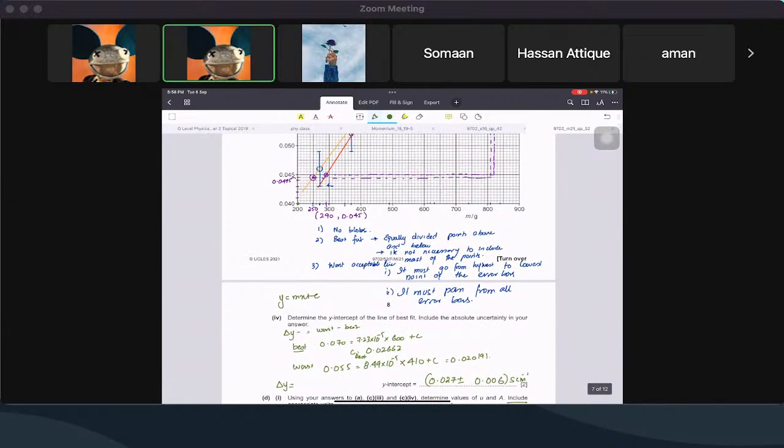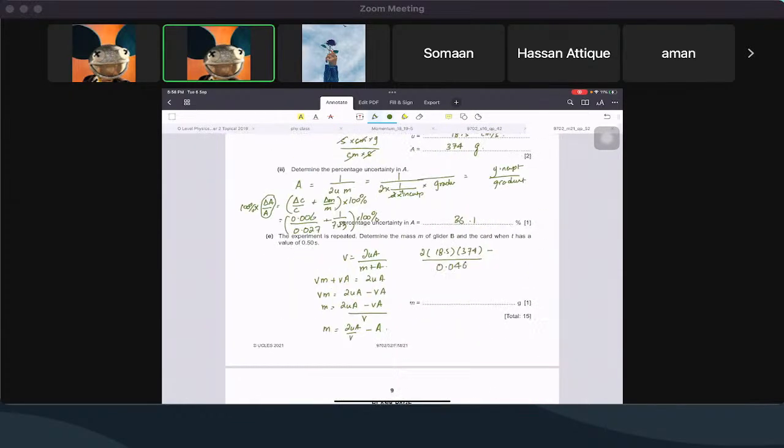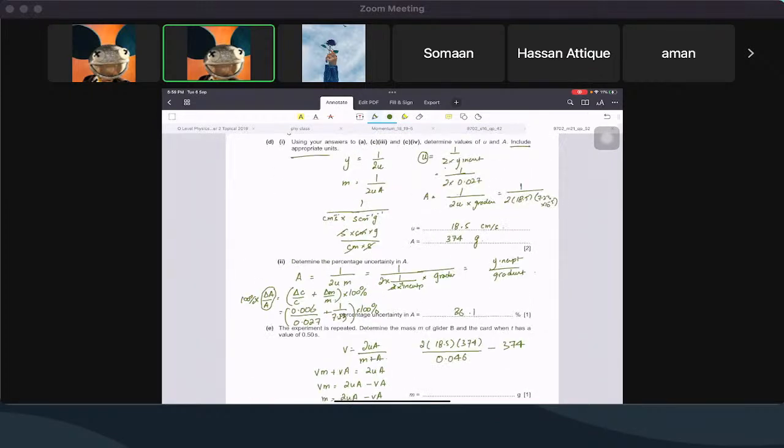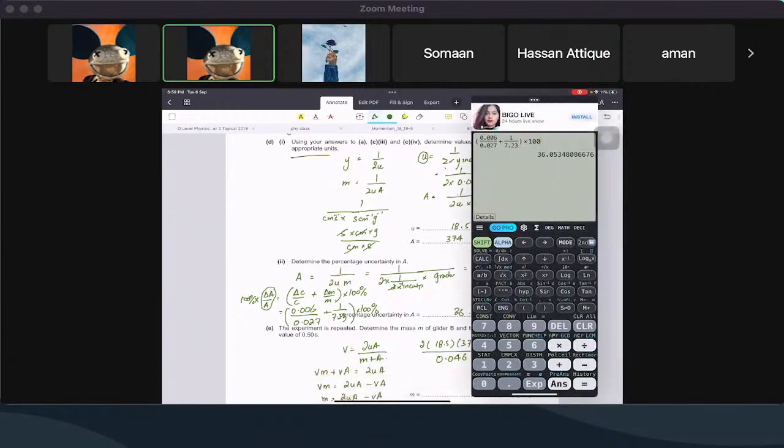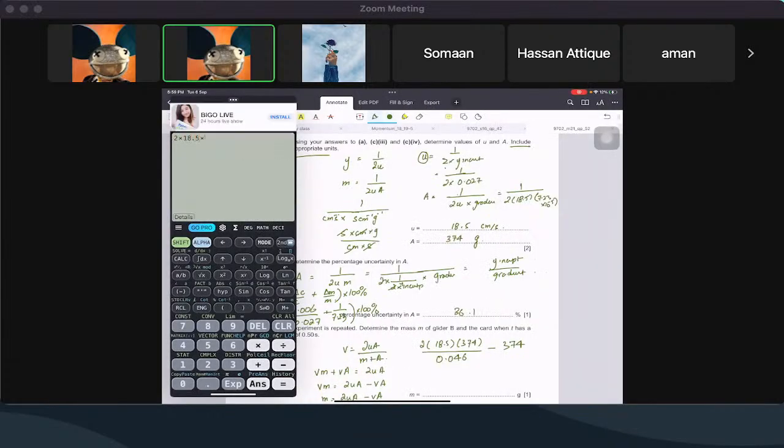Then minus this with a was 374, and then try to find this. So what? This is not fair. This is a lot of mass, really. It should not be this much.